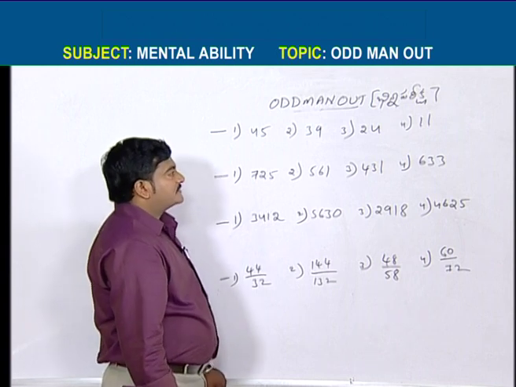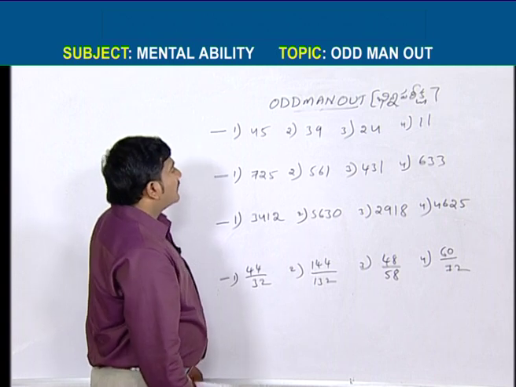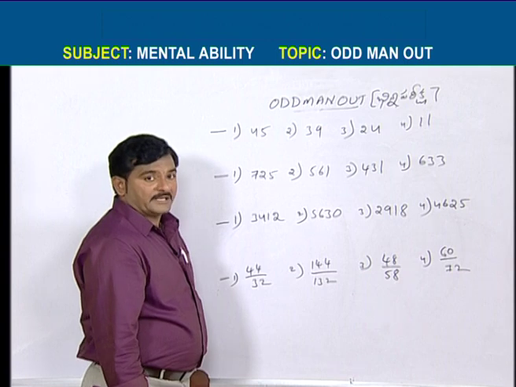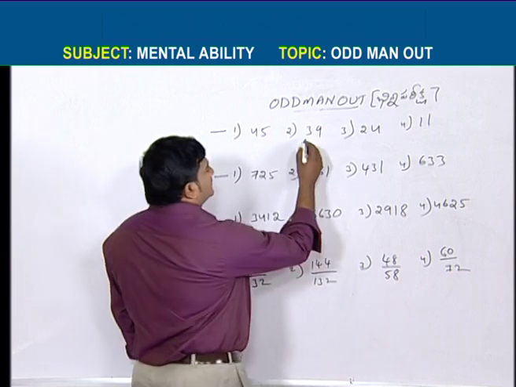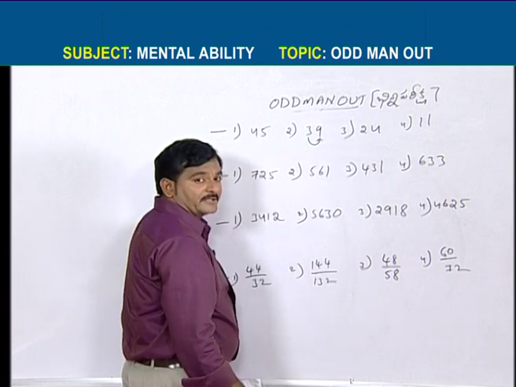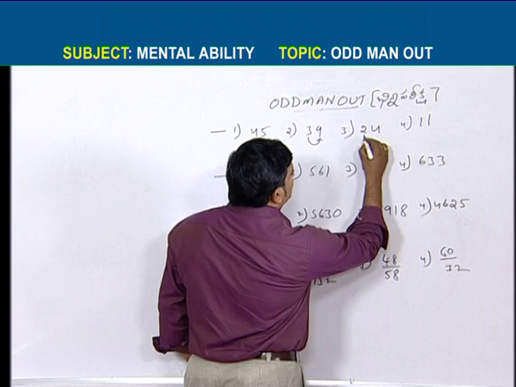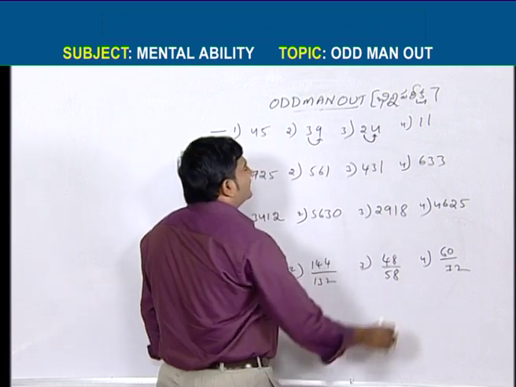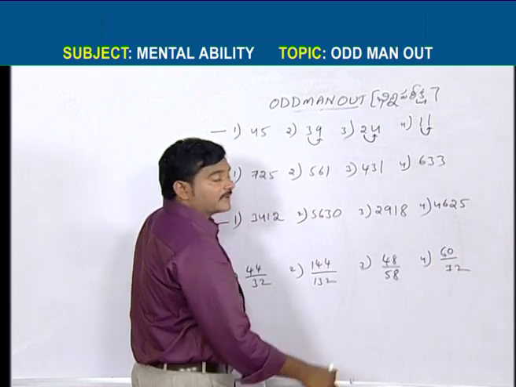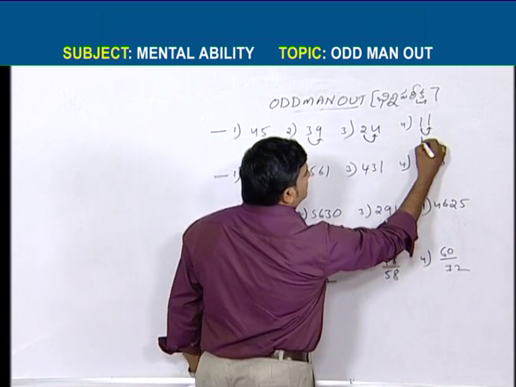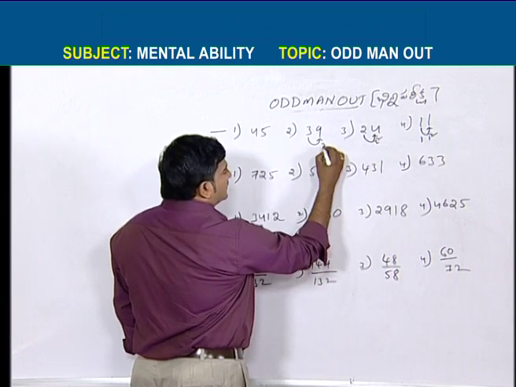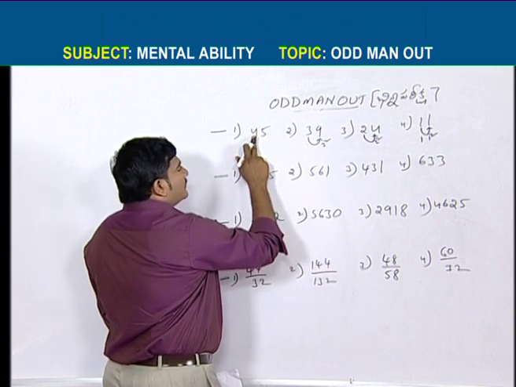By seeing the first question, are you getting any idea? 45, 39, 24, 11. It's a logical thing. 3, this is 3 square, right? This is 2 square, and this is 1 square. 1 square, this is 2 square, this is 3 square. 4 is there, so you have to get 4 square.